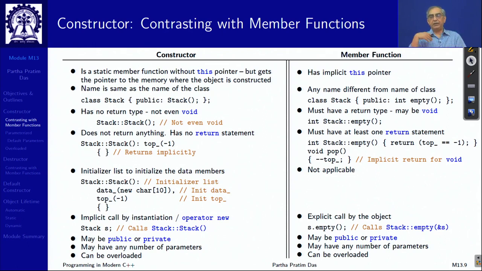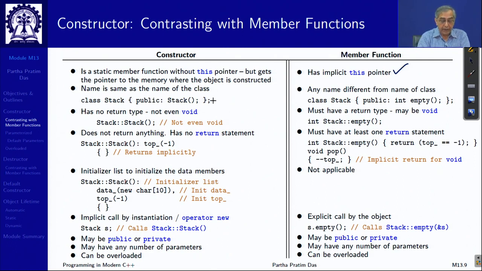So there is no initialization. But the constructor needs to know the address where the object will reside, because without that address it cannot put values to data members, like top underscore being initialized with -1. It has to know the memory where the object will come, but that memory pointer has still not become a this pointer. It becomes a this pointer only when the object has been created by the constructor. So the constructor is implicitly and independently called, and that is the important thing.